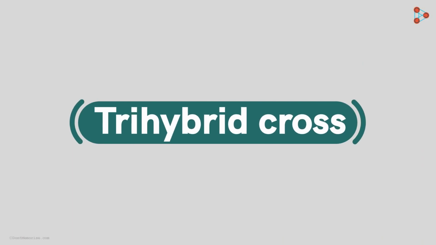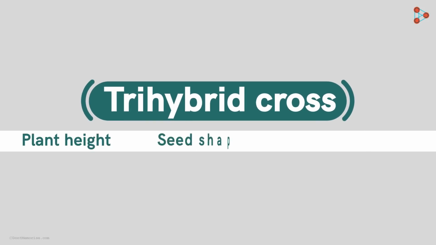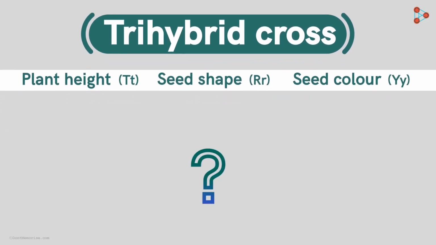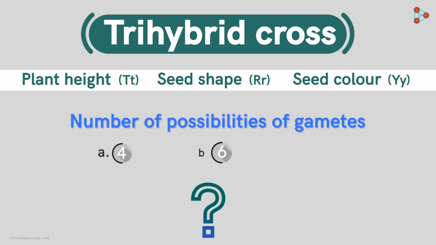It's very simple. So let's say we consider the 3 characters like the height of the plant, seed shape and seed color all being genotypically heterozygous. Now can you guess how many possibilities or combinations of gametes will be formed from these? Will there be 4 possibilities, or 6, or 8 combinations?